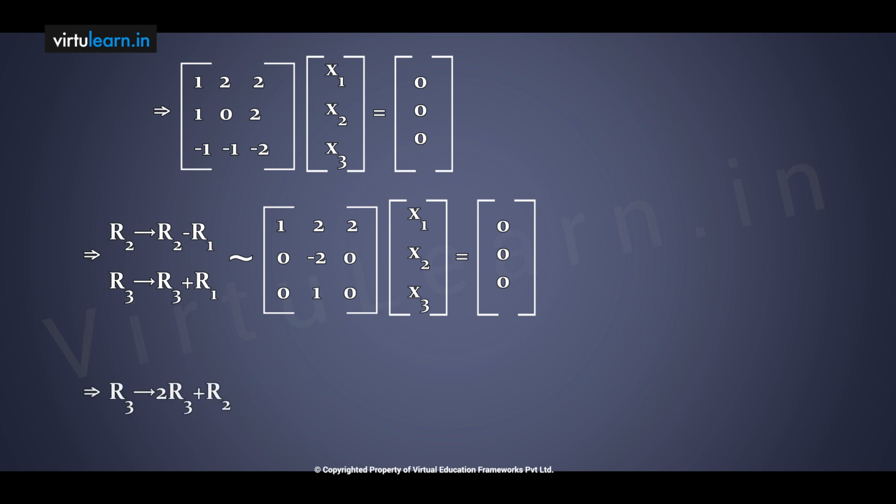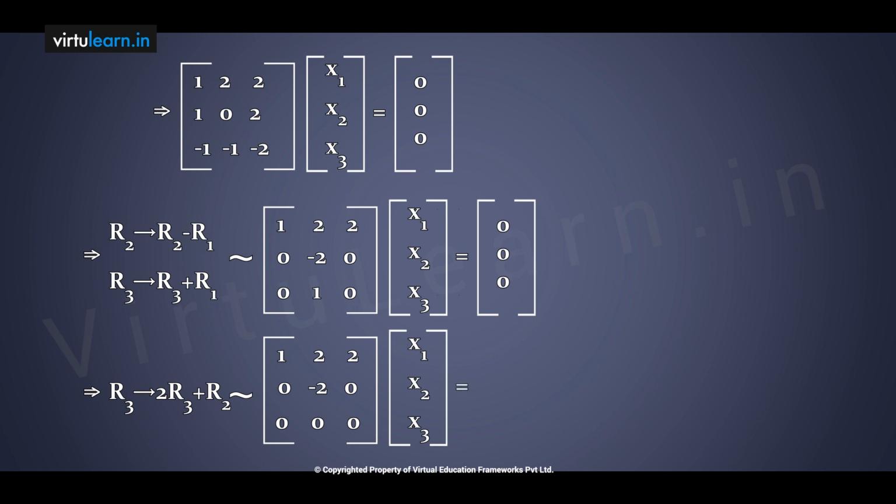R3 changes as R3 plus R2, multiplied appropriately, since the element is 1 and the one above is minus 2. Then the first two rows are the same, 1, 2, 2, 0, minus 2, 0, and the third row is 0, 0, 0. Here 2 minus 2, both are zeros, so I am writing directly 0. x1, x2, x3 equals 0, 0, 0.